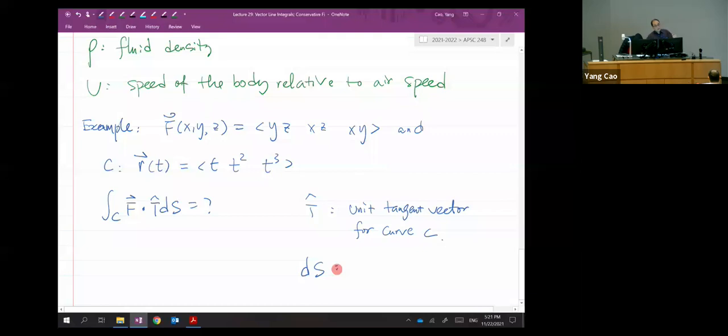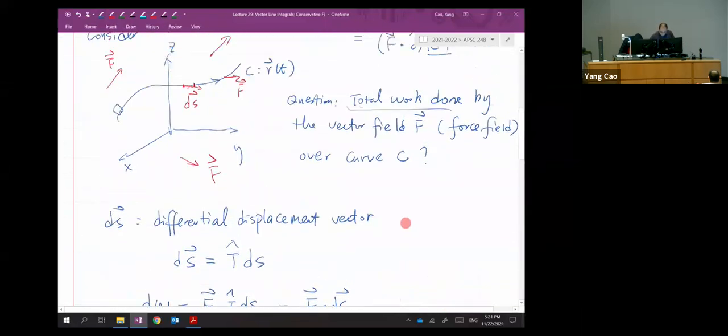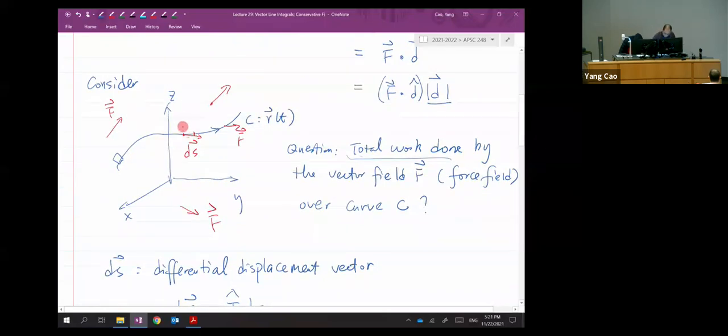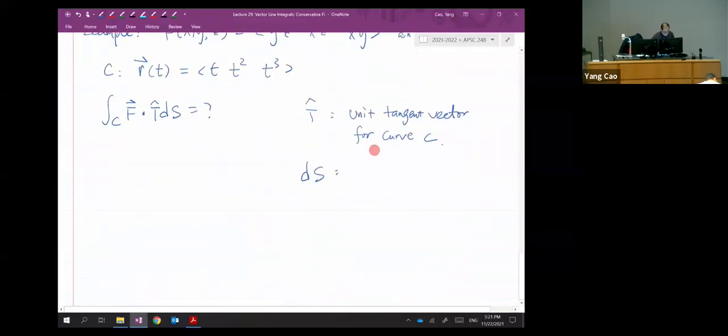And ds, as you can see in the illustration over here, is basically the small differential displacement or arc length along the curve C. So ds essentially is the magnitude of the ds vector, or in other words, a very small arc length or displacement along this curve C. These two quantities' meanings are listed over here.